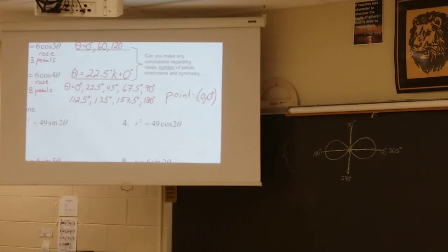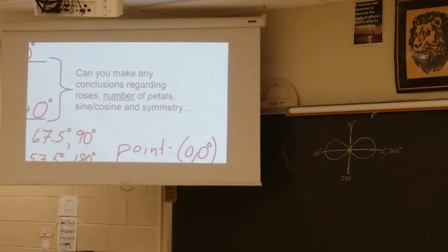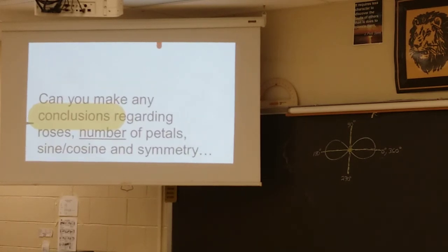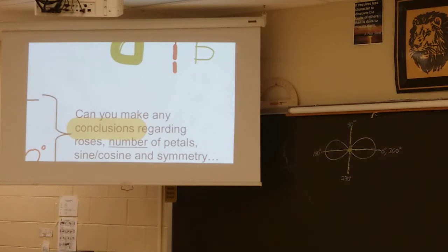I think that when it says, can we make any conclusions about a rose? Can we make any conclusion about a rose? That I was thinking that you might want to say, as I said a couple times, that it will always go through the petal. So we have this idea of through the petal, but also between the petal.